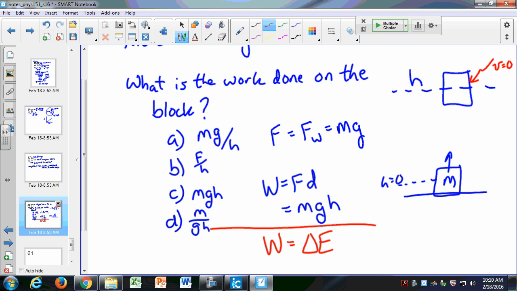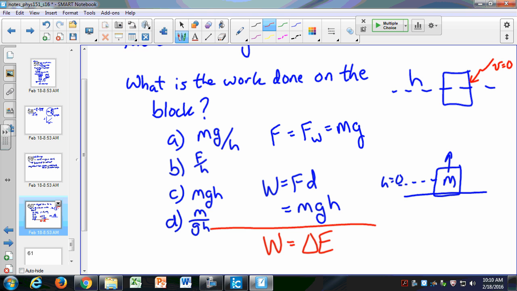I've converted the work that I've done on it, that m times g times h, to what type of energy up here? Is it kinetic or potential energy at this point? What type of energy does the block have? It has potential. It doesn't have any kinetic energy because the speed is 0.